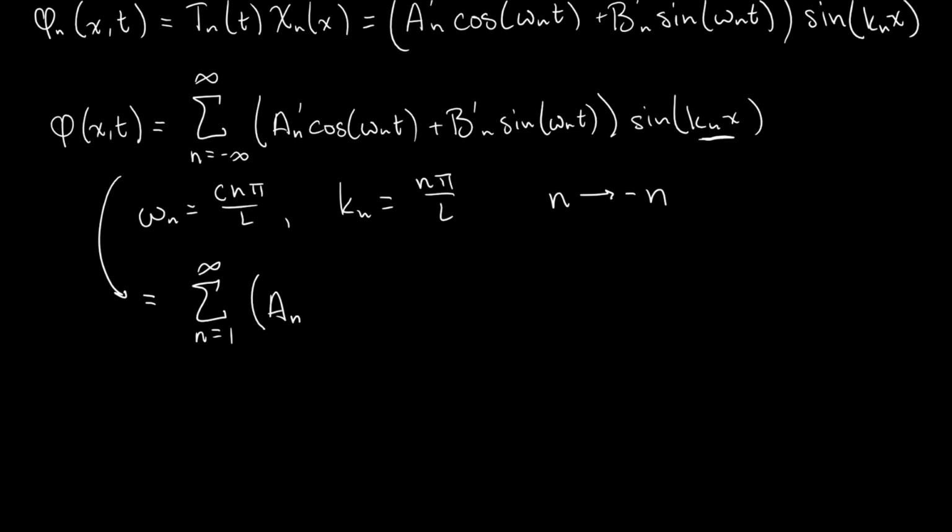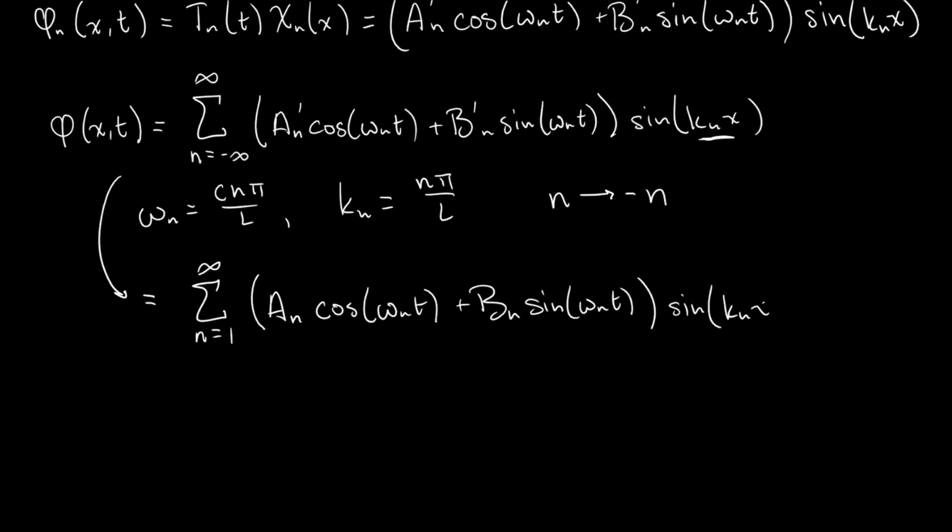And I'll just write this as a n cosine omega n t plus b sub n sine omega n t times sine k sub n x, where I just defined a sub n is equal to a prime sub n minus a sub minus n prime, and b sub n prime plus b sub minus n prime.